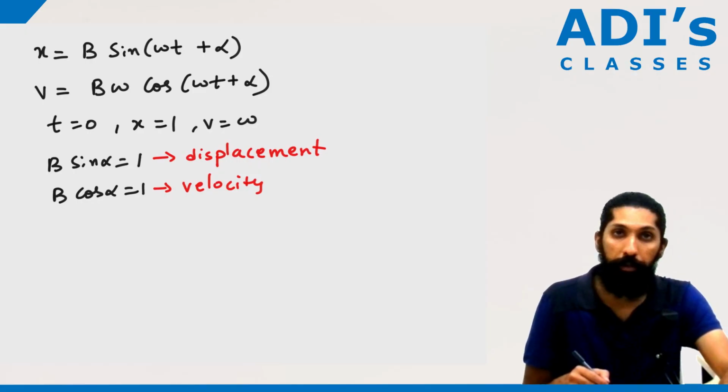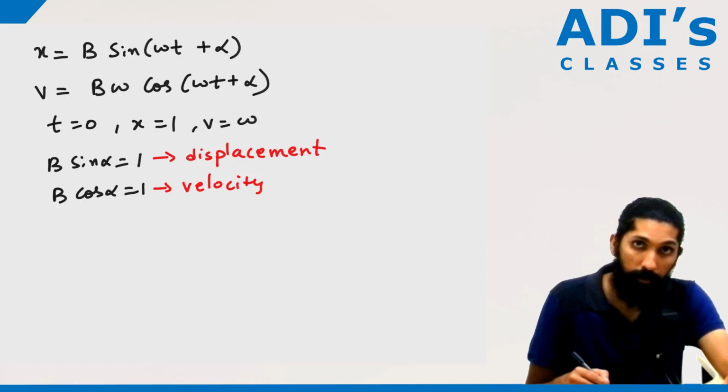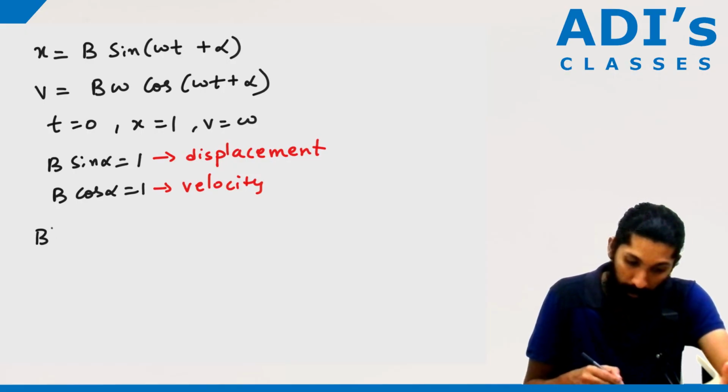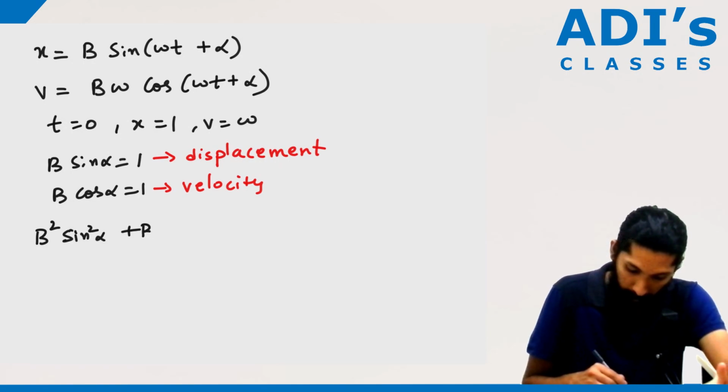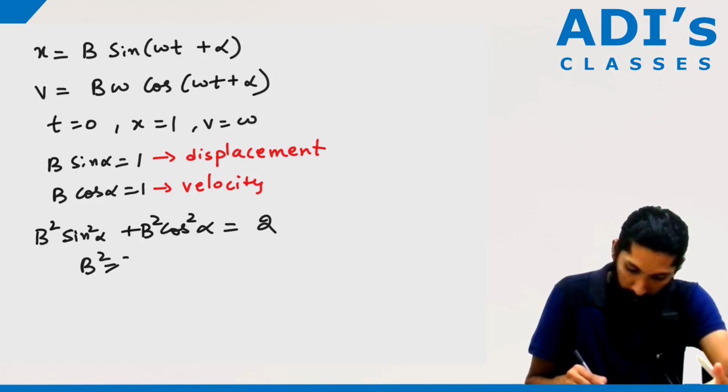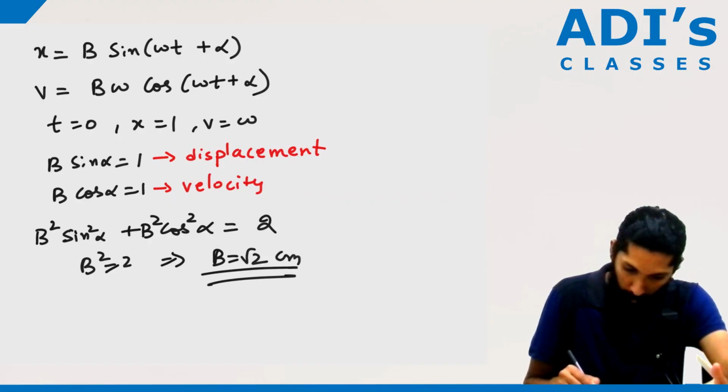First is the amplitude. Square and add. b square sine square alpha plus b square cos square alpha is equal to 2. So b square is 2, and b is equal to root 2 centimeter.